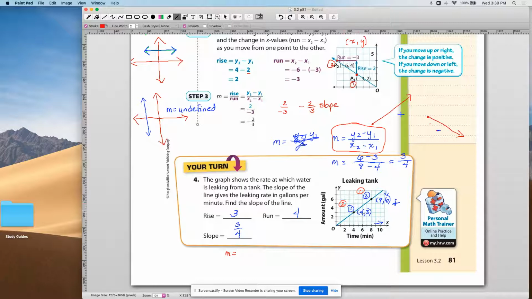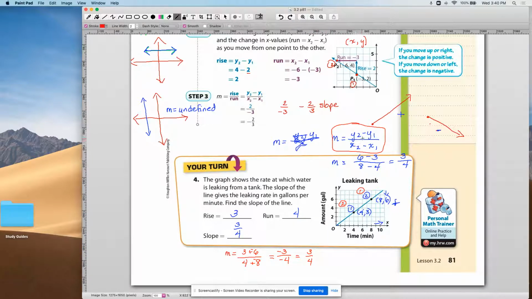This is my new point 2, so y2 is 3, minus y1, that's 6, over x2, which is 4, minus x1, which is 8. I have 3 minus 6. Subtraction is adding the opposite, so I have negative 3 over negative 4. A negative divided by a negative is always a positive, so I have a positive 3/4.